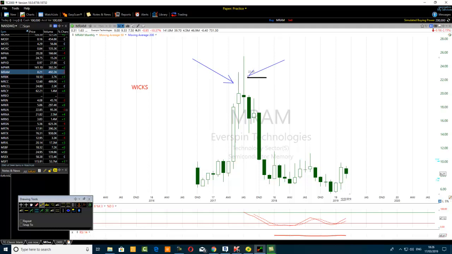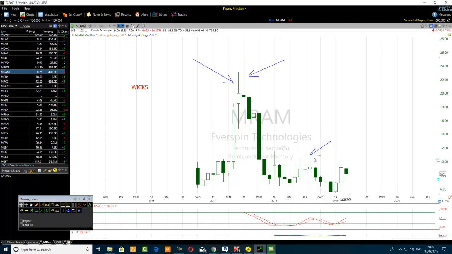So the first thing that the wicks are telling us is that there are orders to sell somewhere at a specific price level. And those orders have forced the price to go up and fill them. That's why very often you will see the wicks.